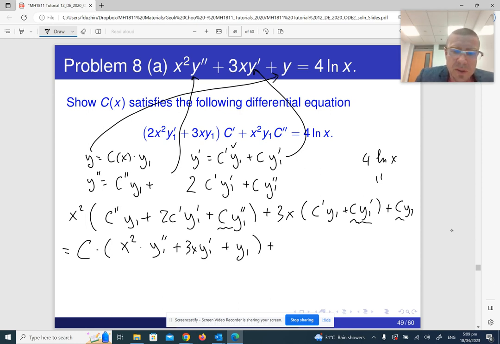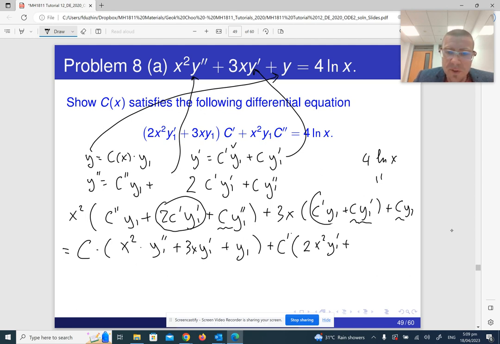Okay, so plus c prime. What is the coefficient in front of c prime? From here I'm going to have 2x squared y1 prime, plus, where else do I have c prime?